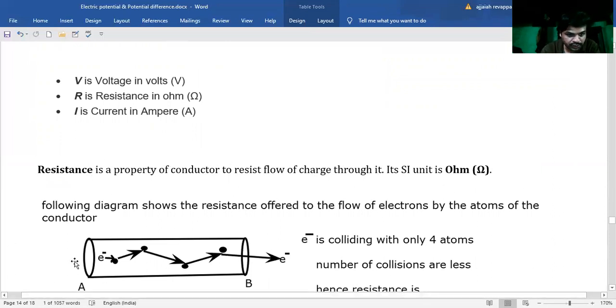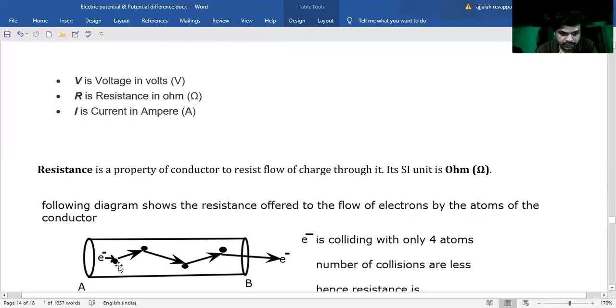Electrons carry negative charge, while the nuclei of atoms carry positive charge, so the electrons are attracted towards the atoms.